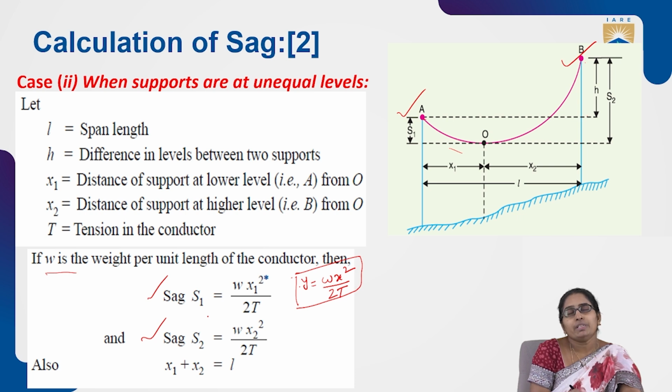At support A, S1 is equal to w x1 square by 2T, where x becomes x1. Similarly, S2 is the sag for the higher level support B, given as w x2 square by 2T, where x2 is the horizontal distance of the higher level support from the midpoint. That is how the sag expressions for S1 and S2 are written.